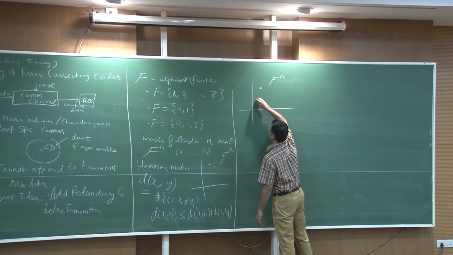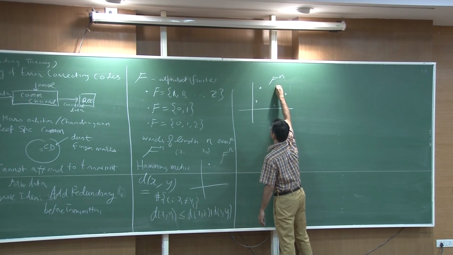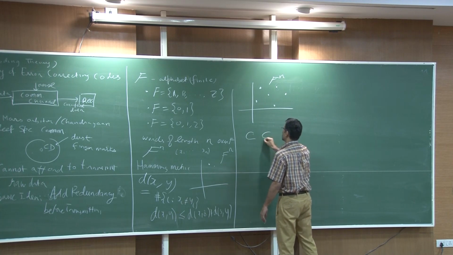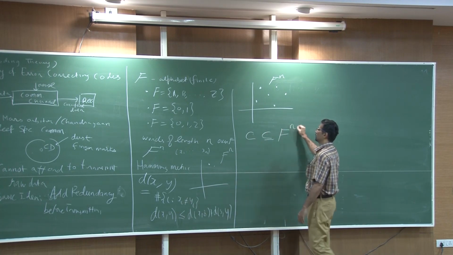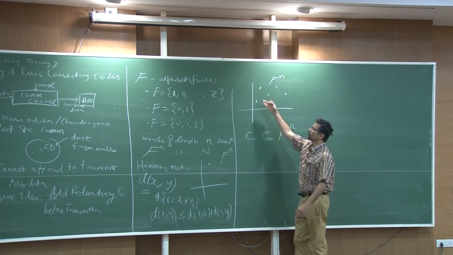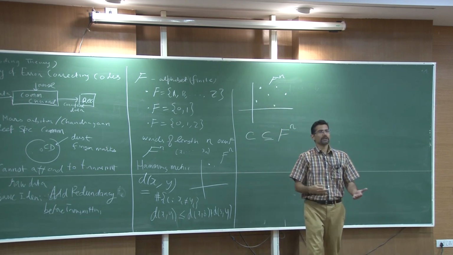Whatever data you want to transmit is in the form of some subset called a code. C is a subset of F to the n. These are the words which you actually end up transmitting.